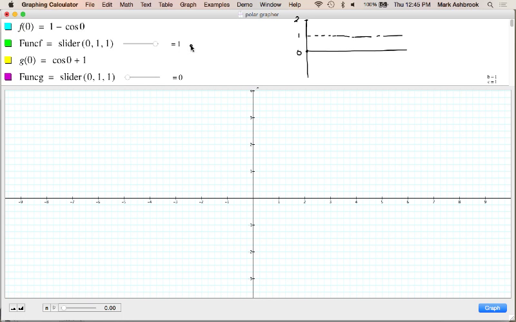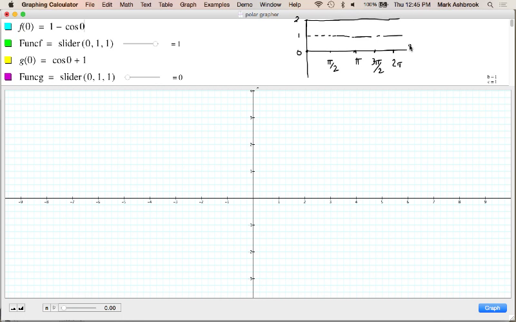Okay, and then we're basically going to have cosine, but it's going to be flipped upside down. So we're going to have cosine in this 0 to 2 range, right?